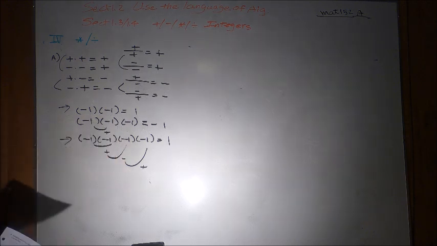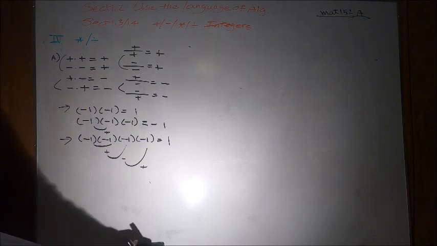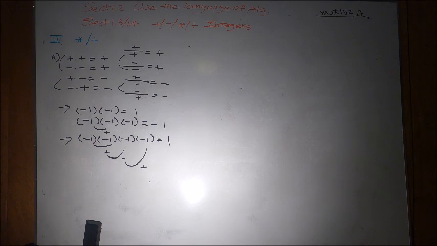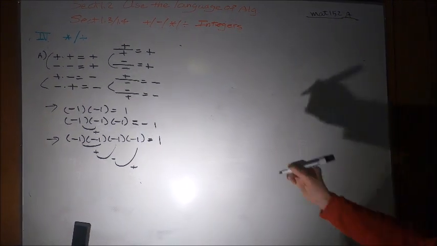Odd number of negative signs in a problem, you end up what? Negative. Okay? And let's take a look at the next one. Often you make a mistake. You need to pay attention to those.